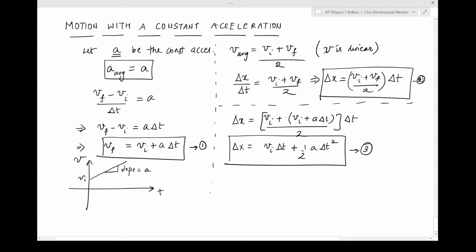If anybody is confused, just remember that you can add the two Vi's, that gives you 2Vi. I'll just write an extra step here: 2Vi plus a delta t all over 2, and then delta t. So we can distribute the delta t inside and also divide each of these terms by 2, and that ends up giving us this third equation.